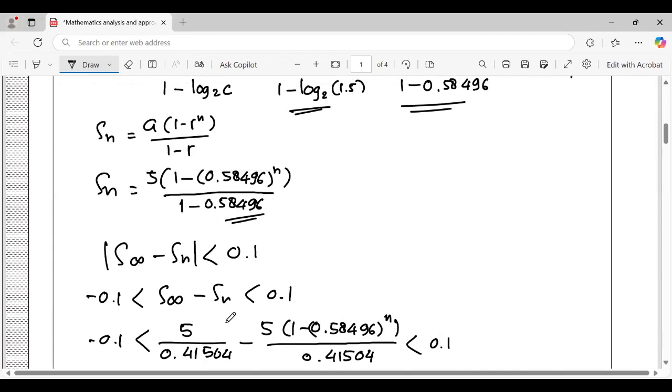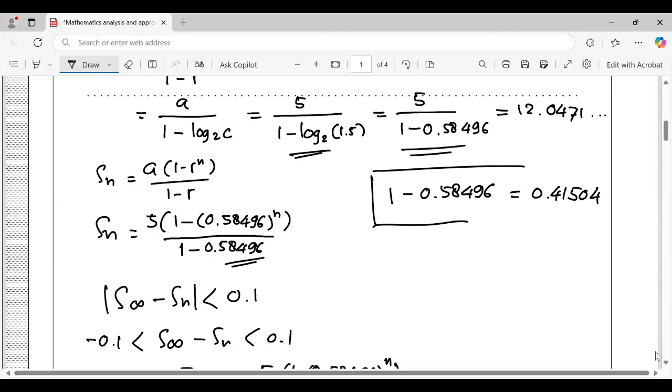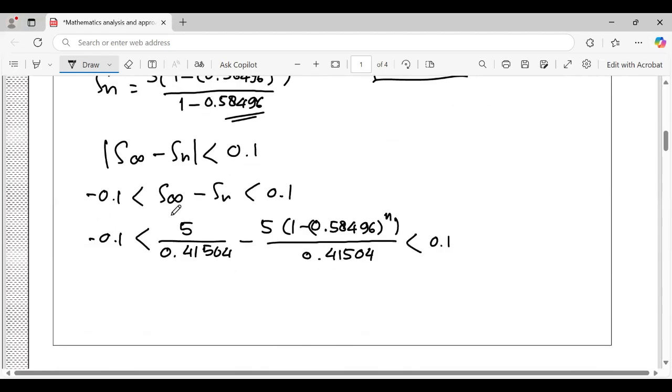This number 0.41504, because 1 minus 0.58496 is 0.41504. Okay, so therefore, in the denominator I use 0.41504.